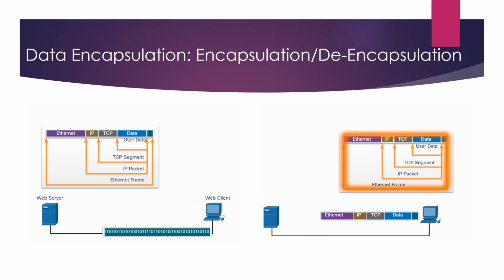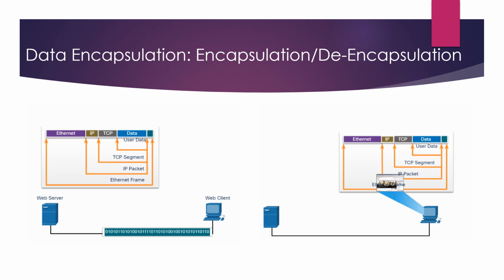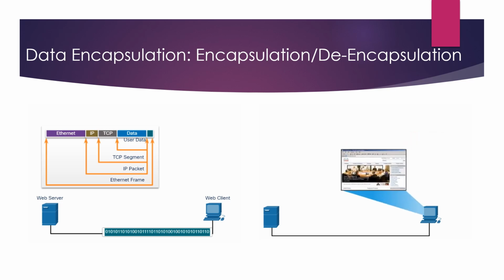As the PDU goes up, the header of each layer is removed, and at the end there is only the data, and you can see that it is the same message that was at the source.